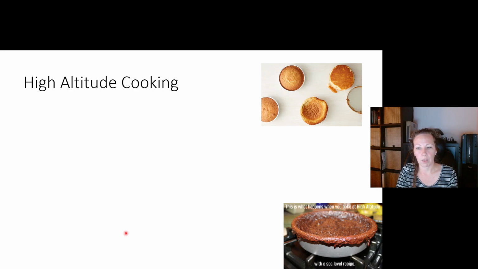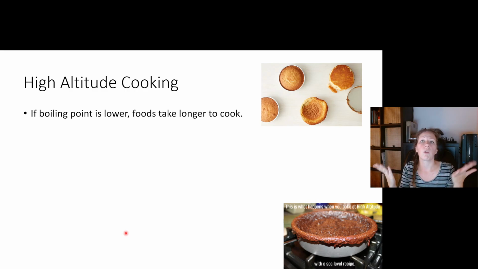There's also some other factors that affect cooking beyond just that your temperature isn't going to be as hot with boiling. So overall, as you'd expect, if the boiling point is lower, food takes longer to cook because we know that the food doesn't get above the boiling point, right? The water vaporizes, and what's in the food still stays at the boiling point. Okay.